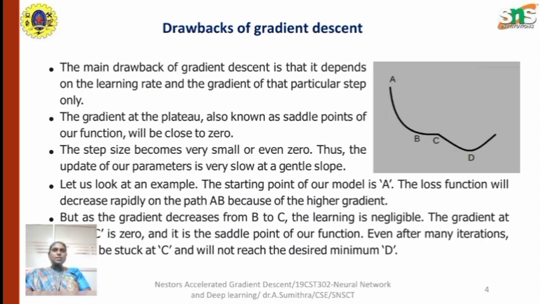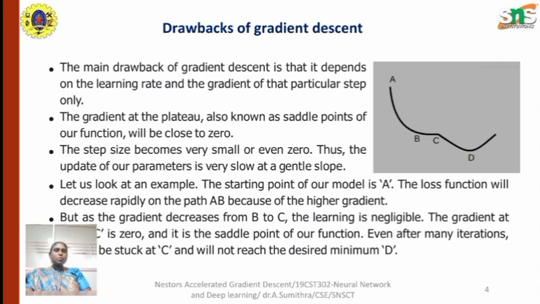Oscillations: where the loss surface has narrow valleys, gradient descent may oscillate around the minimum. Noisy gradients: in practice, a gradient computed from mini batches can be noisy, leading to inaccurate updates and slower convergence.